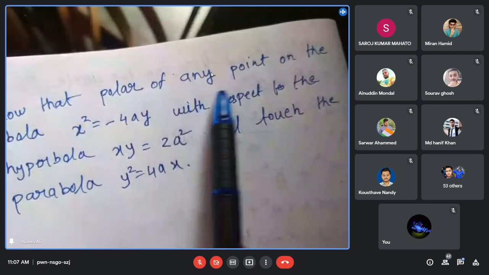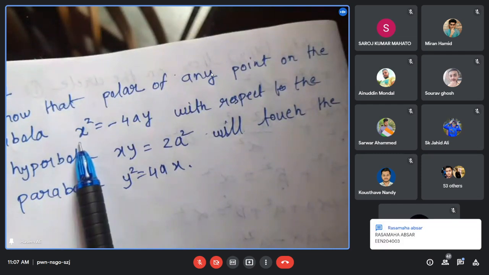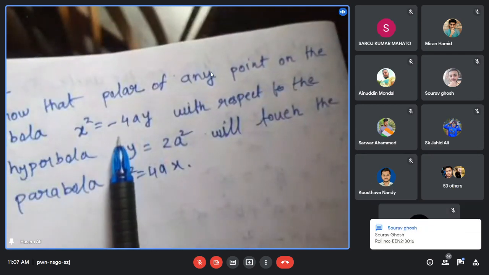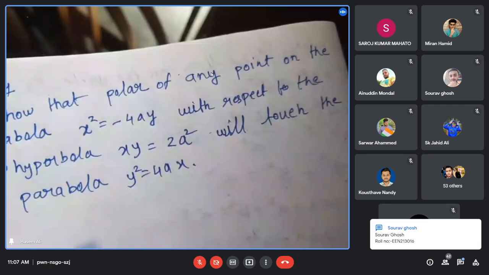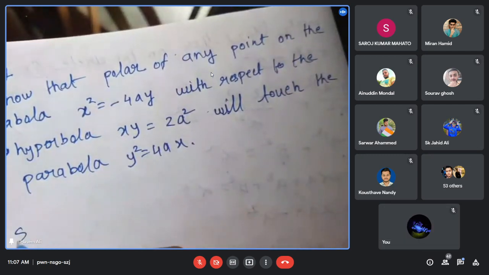The polar of any point on the parabola, and with respect to the hyperbola. So any point on the parabola, let P be any point.